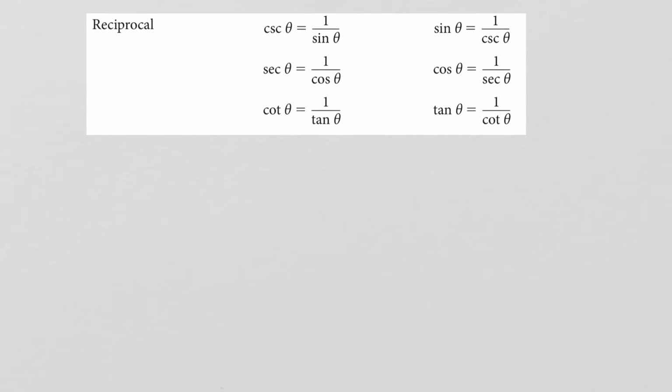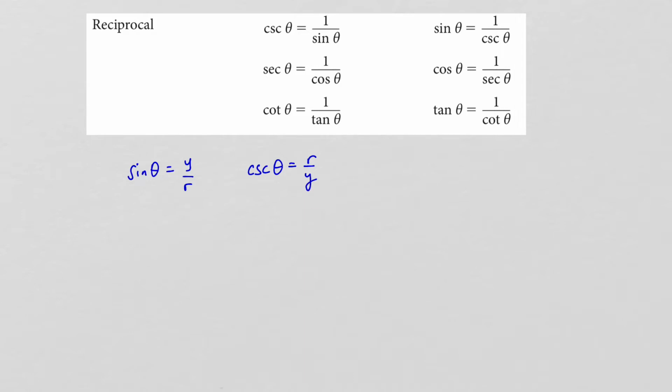Now, why is that exactly? Well, let's remember that sine of theta is defined to be y divided by r, and cosecant of theta is defined to be r divided by y. And so you can see that these expressions are reciprocals of each other.